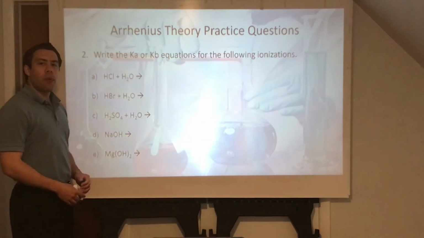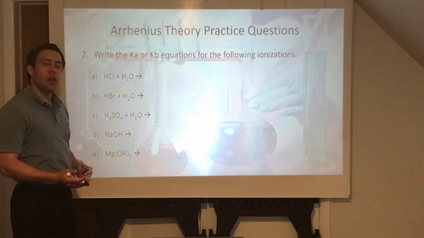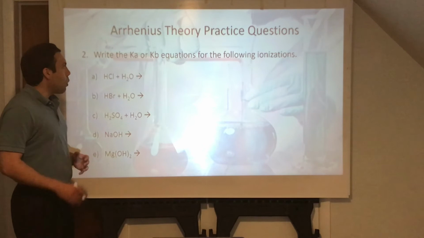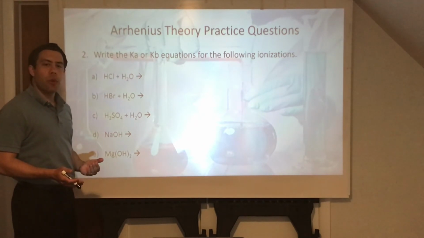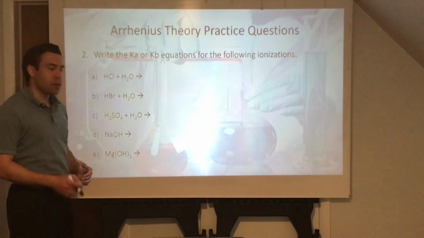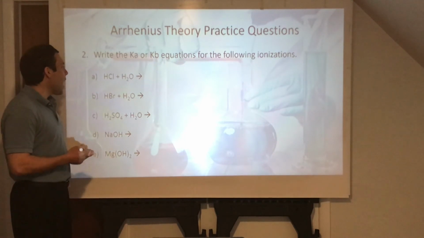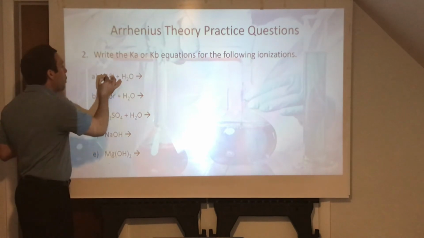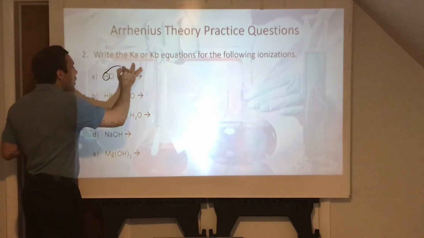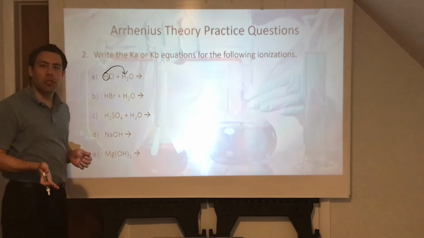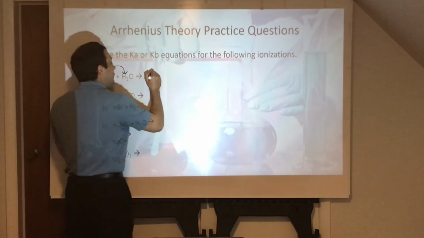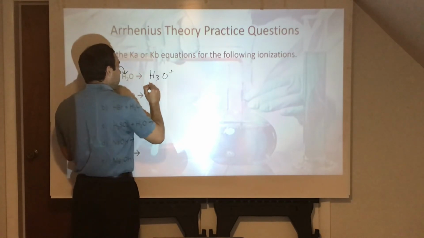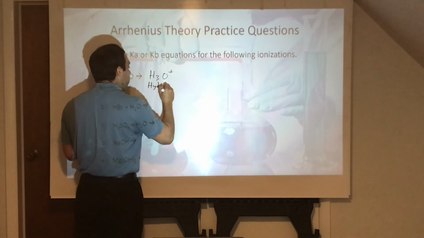Finally, let's try writing some dissociation equations for Arrhenius acids and bases. Problem number 2 states, write the Ka or Kb equations for the following ionizations. For letter A, HCl plus H2O, that goes to, well, H is going to go with the H2O to make H3O plus, also known as hydronium.